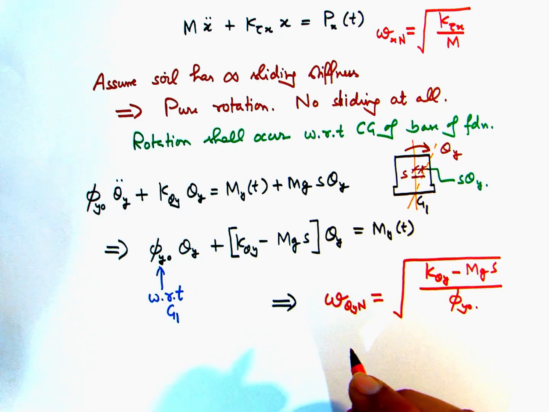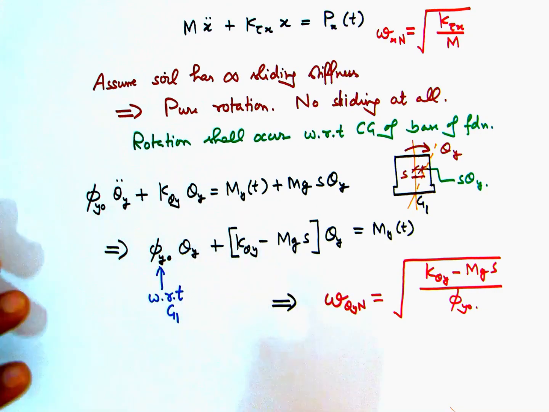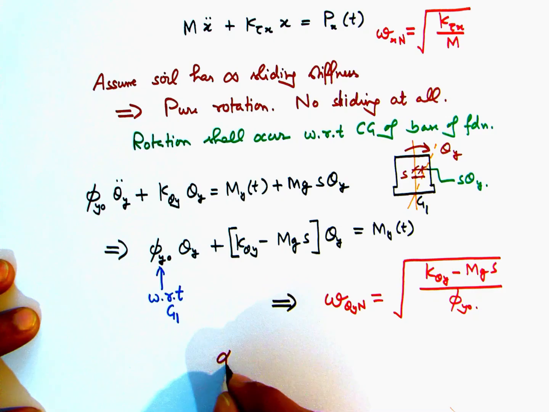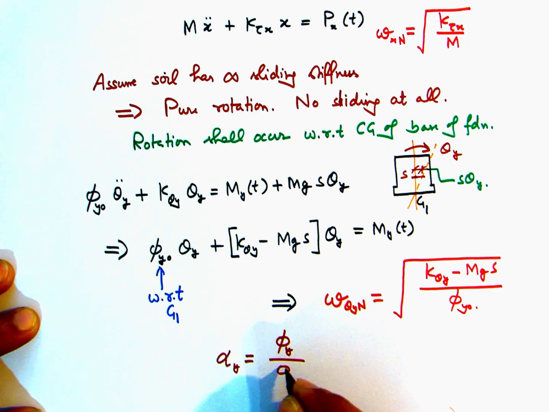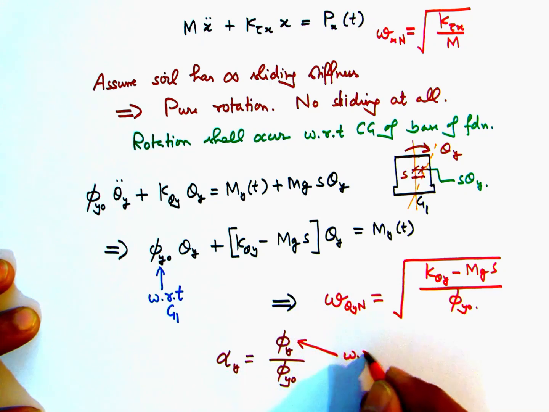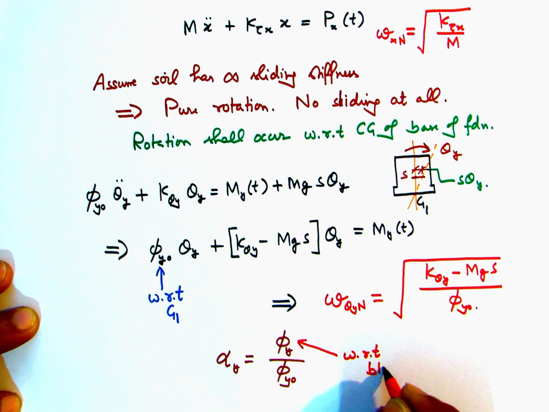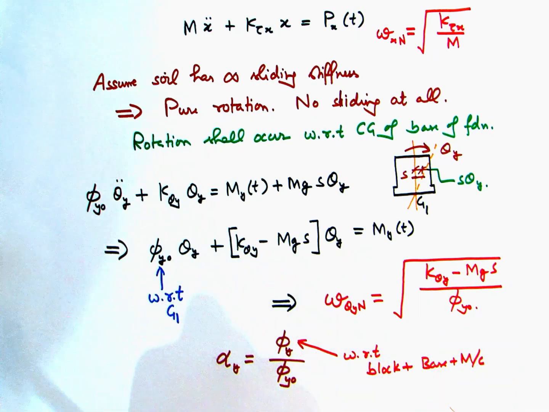So apparently the system stiffness has reduced, and at the bottom we have phi y naught with respect to the base. We now define our parameter alpha y as the ratio of phi y to phi y naught. So phi y is the mass moment of inertia about an axis passing through the overall CG, which is indicated by the symbol G. So it's the CG of the machine, the base and the block.